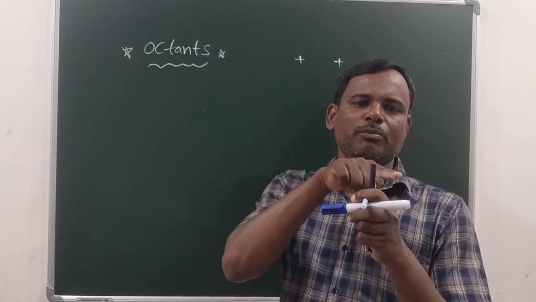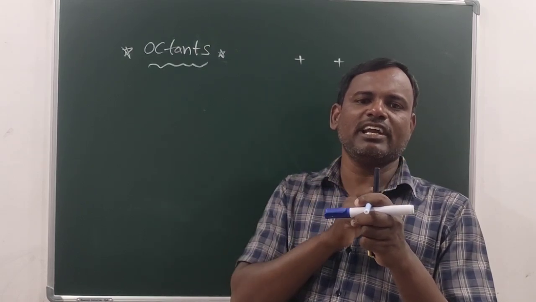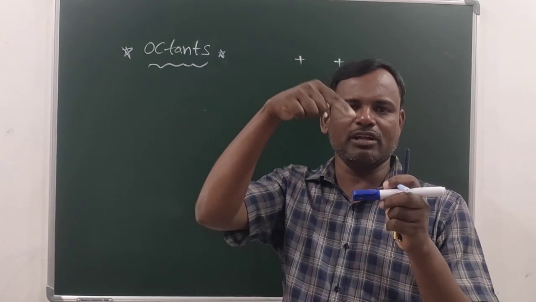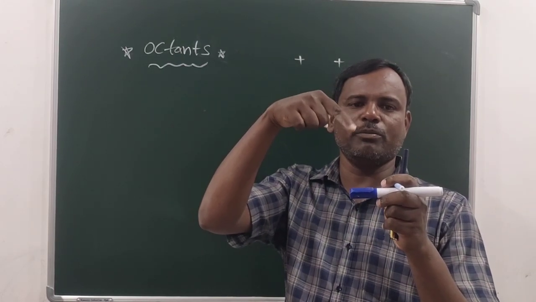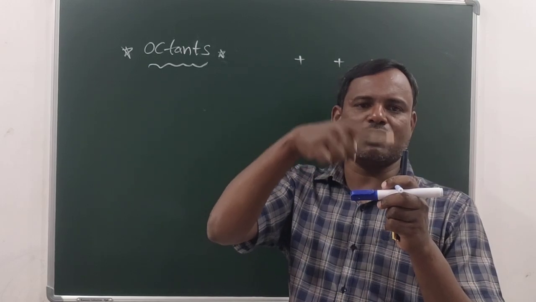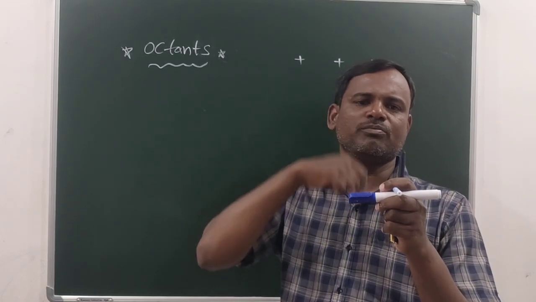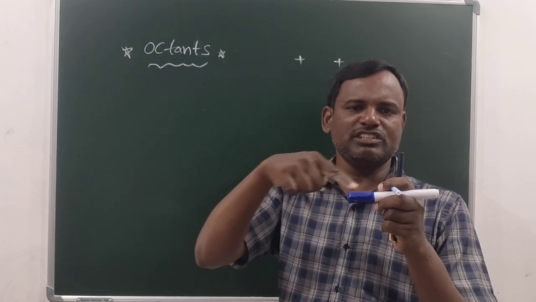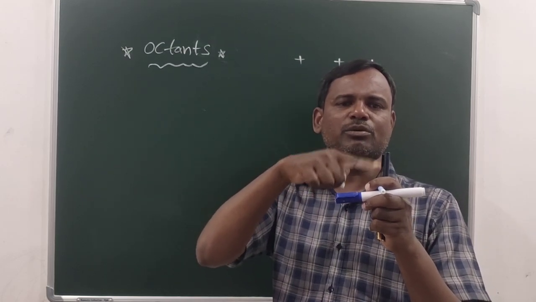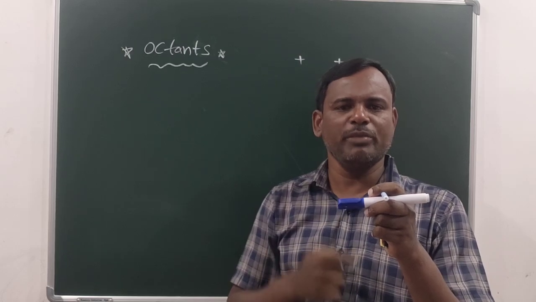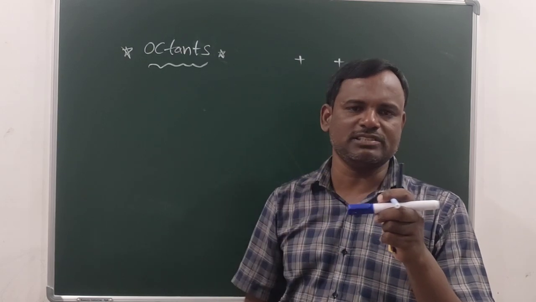Hence, if a point belongs to this octant, it will get minus, minus, plus. In the same manner, go here. This is bounded by the positive x-axis, negative y-axis, positive z-axis. So x is positive, y is negative, z is positive: plus, minus, plus.